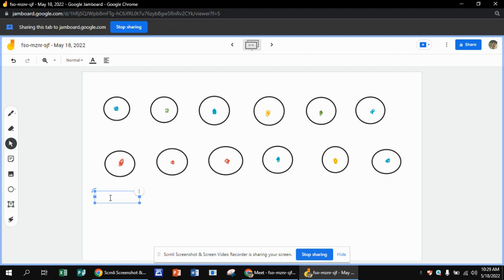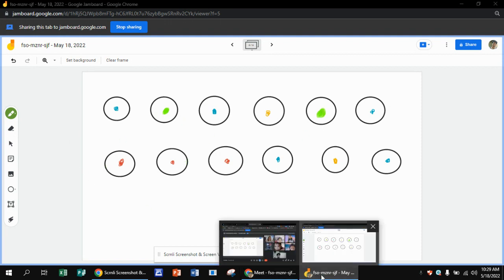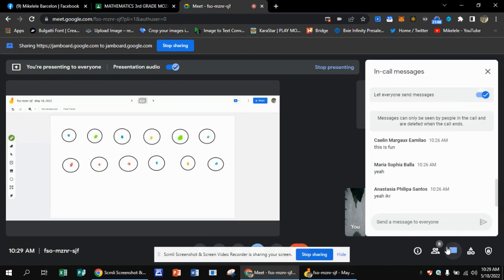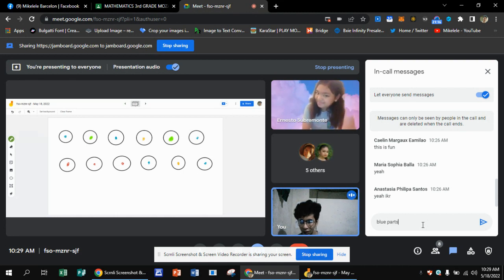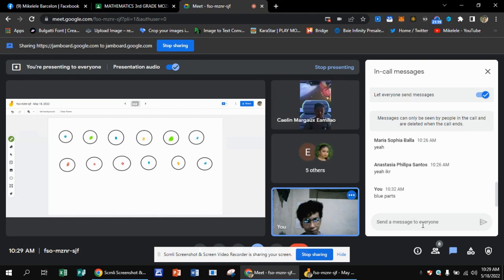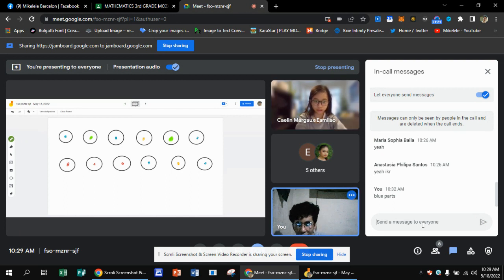Sasabihin ko din sa chat box. So, the blue parts first.